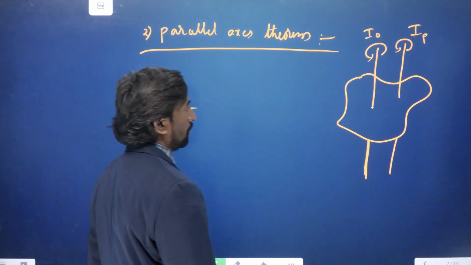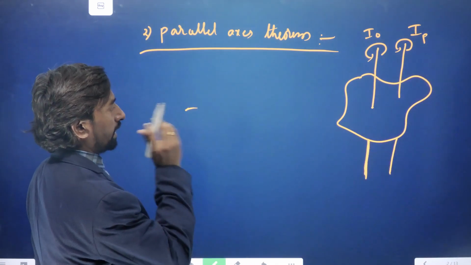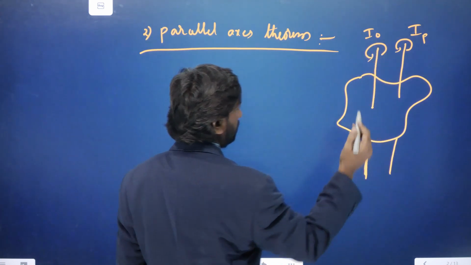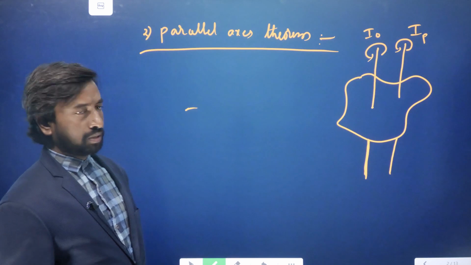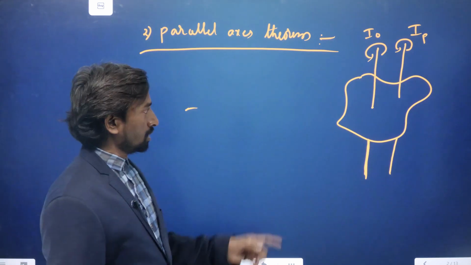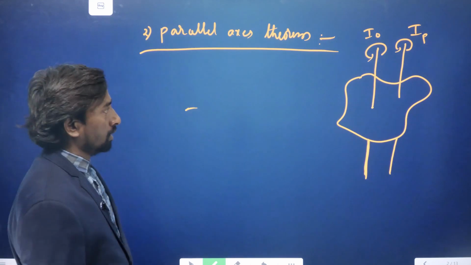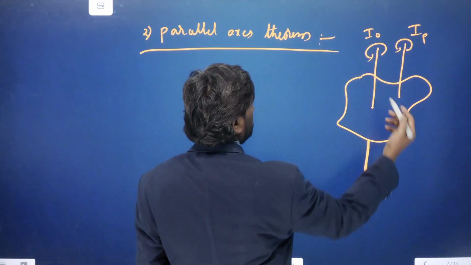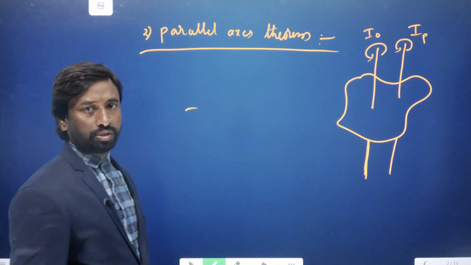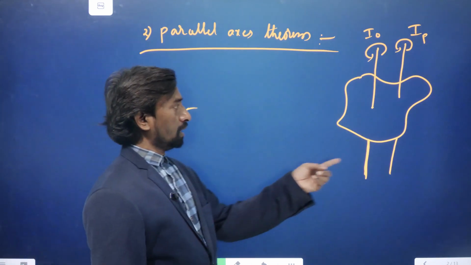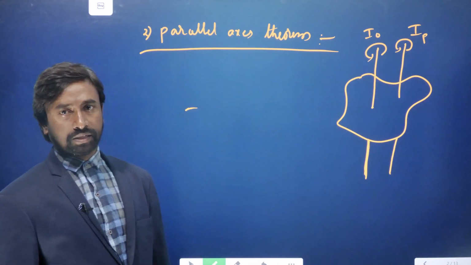Now the moment of inertia about any axis which is parallel to the axis passing through the center of mass is equal to the sum of the moment of inertia about the center of mass and the product of the mass of the body and the square of the perpendicular distance.